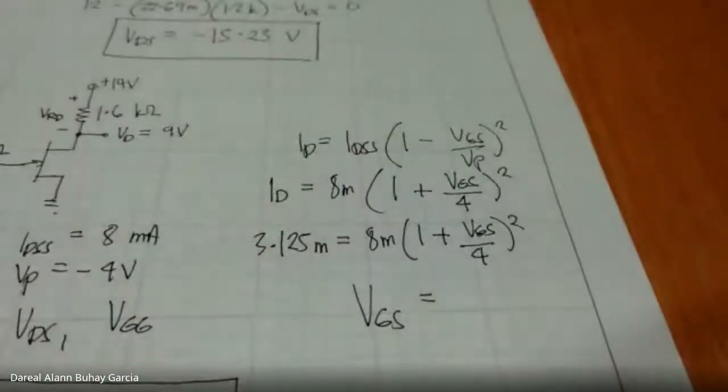Solving for VGS, we get negative 1.5 volts. And that is also the value for VGG.